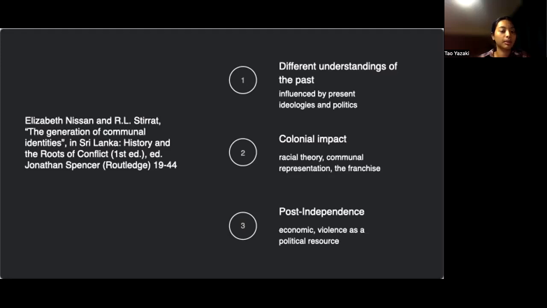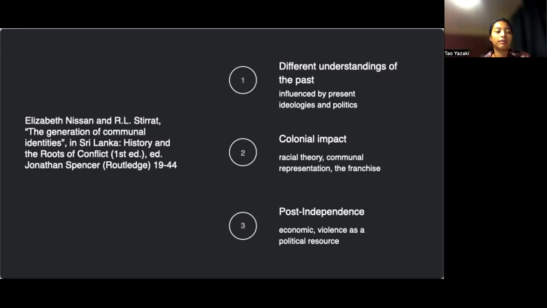And then they also talk about the colonial impact. So what colonial policies, colonial understandings, their British ideologies, how they influenced or strengthened an understanding of what an ethnic community looks like and what role that played in government. So there are ideas of racial theory and communal representation.